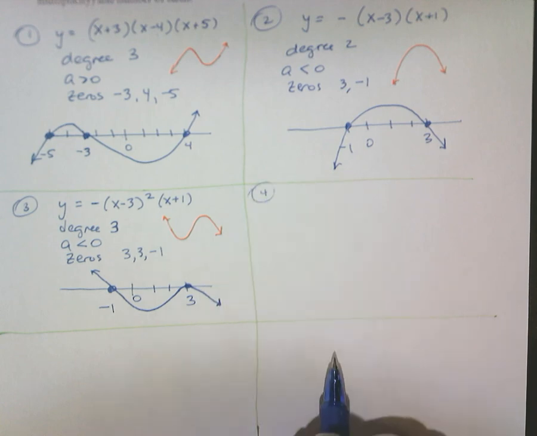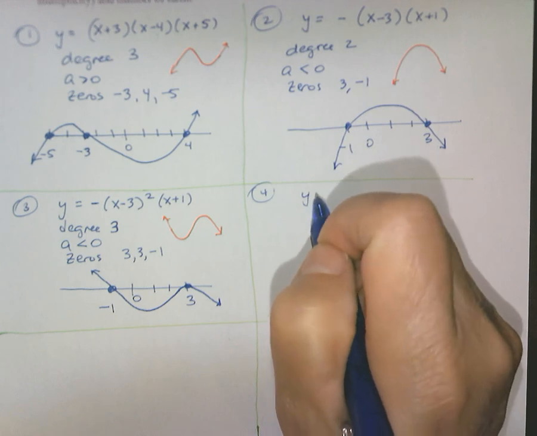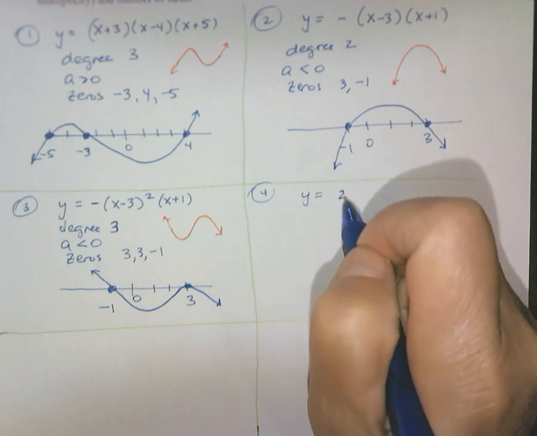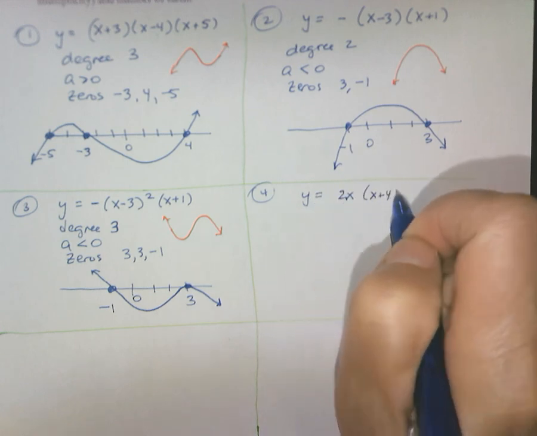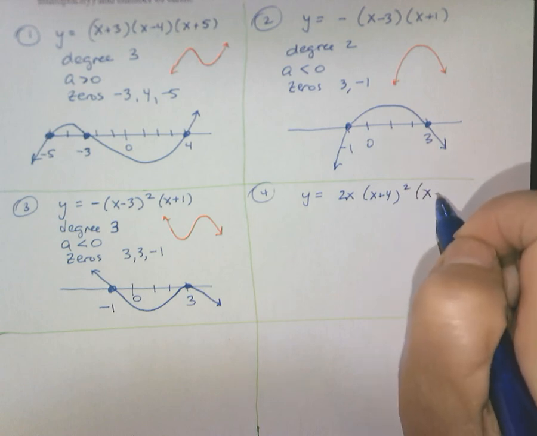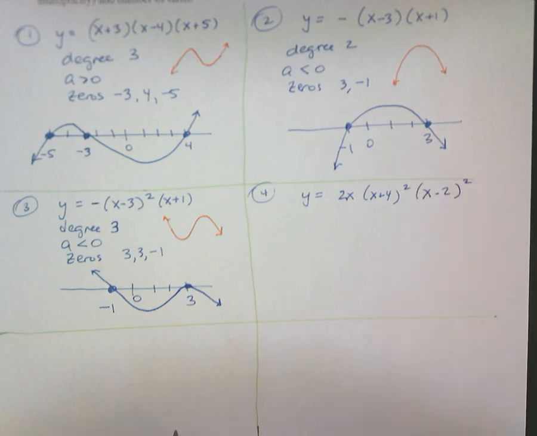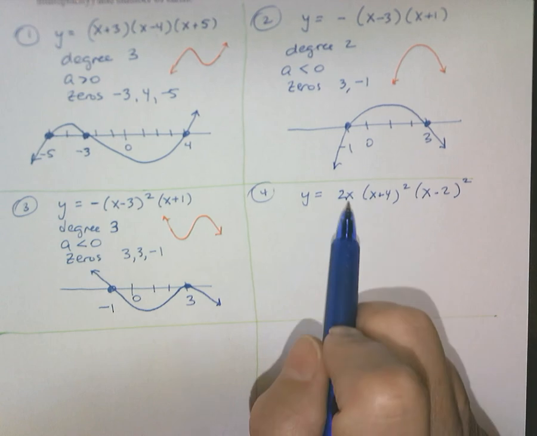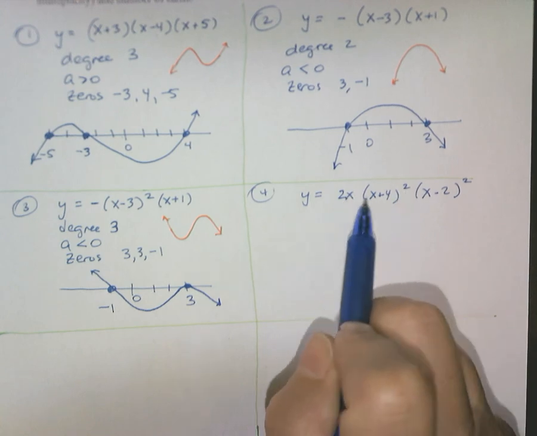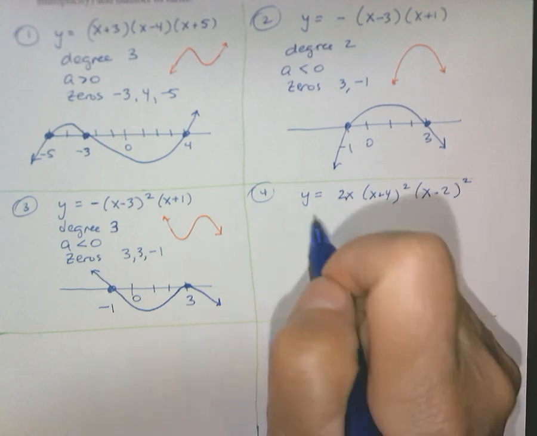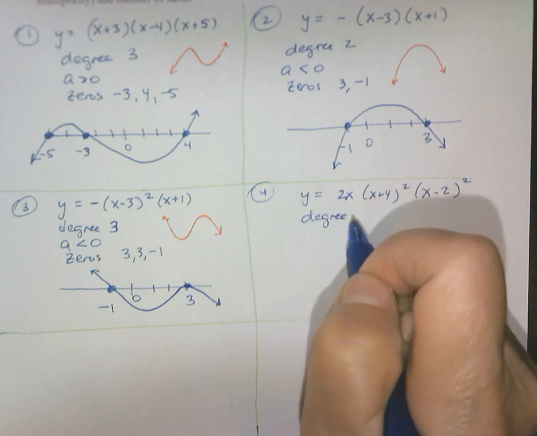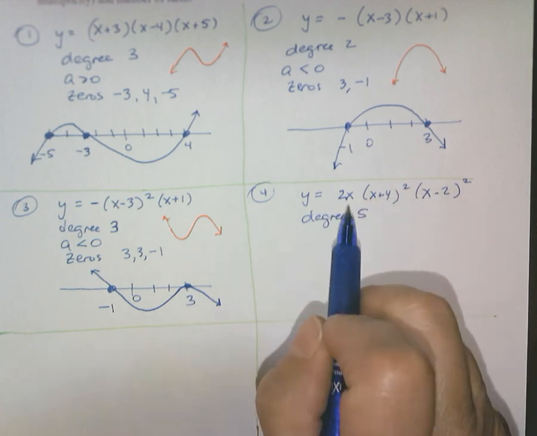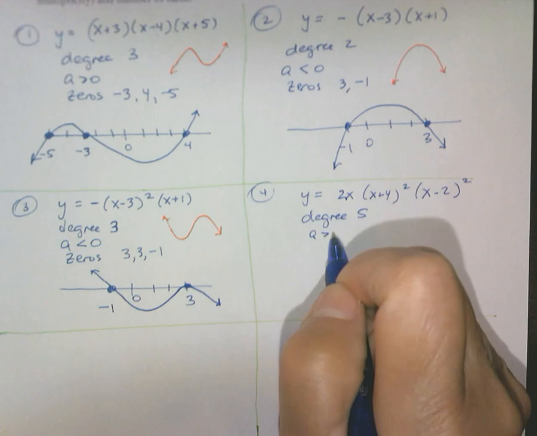Let's pick another one. Let's do y equals 2x, x plus 4 squared, x minus 2 squared. Okay, so I've got 1, 2 more here, so that's 3, 2 more here, so that's 5. So my degree is 5. My leading coefficient is positive, so I know a is greater than 0.